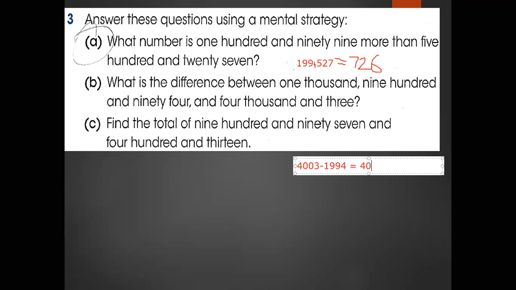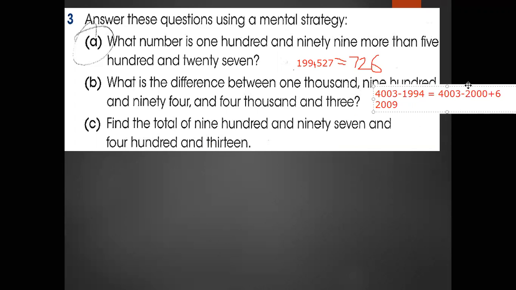If I take 4003 minus 2000, plus 6, which answer do I get? It's 2003 and 2009. So what is your answer? 2009. So that is equal to 2009. In the same way you can solve the rest of the questions that you see here.